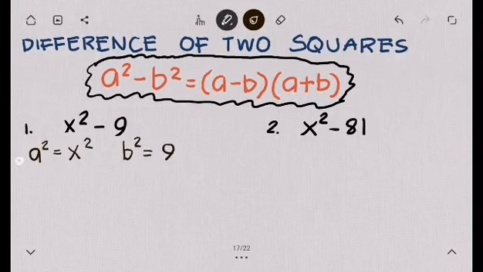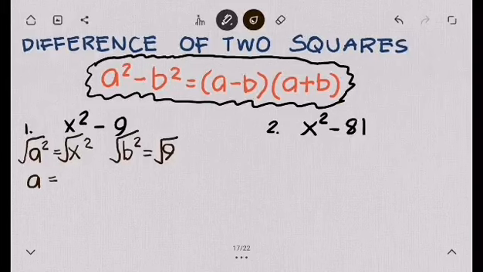So in that case, kukunin natin yung roots ng lahat ng term. So, ang square root ng a square is a, square root ng x square is x, square root ng b square ay b, at ang square root ng 9 is 3. So, meron na tayong value ng a at value ng b. So, pwede na nating i-factor yung given.